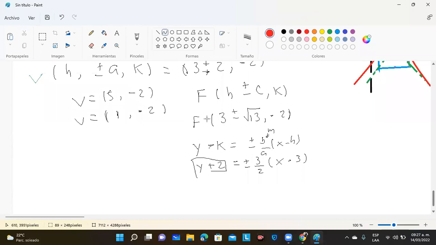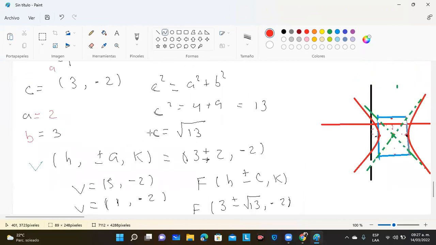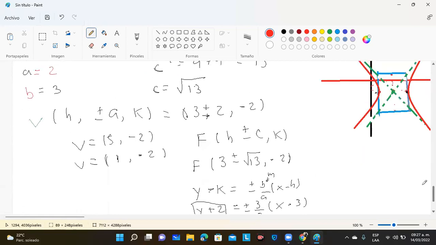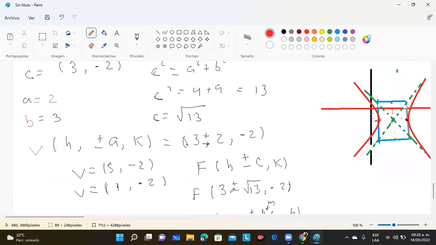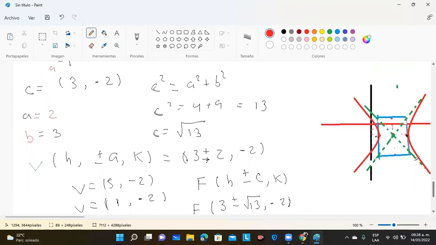Now we have all the data. Okay, we have the vertices, the foci, the equation for the asymptotes, and we also have the center. The foci are going to be at 3 plus the square root of 13. The square root of 13 is like 3.5, something like that, 3.6. So 3 plus 3.6 is going to be about 6.6.